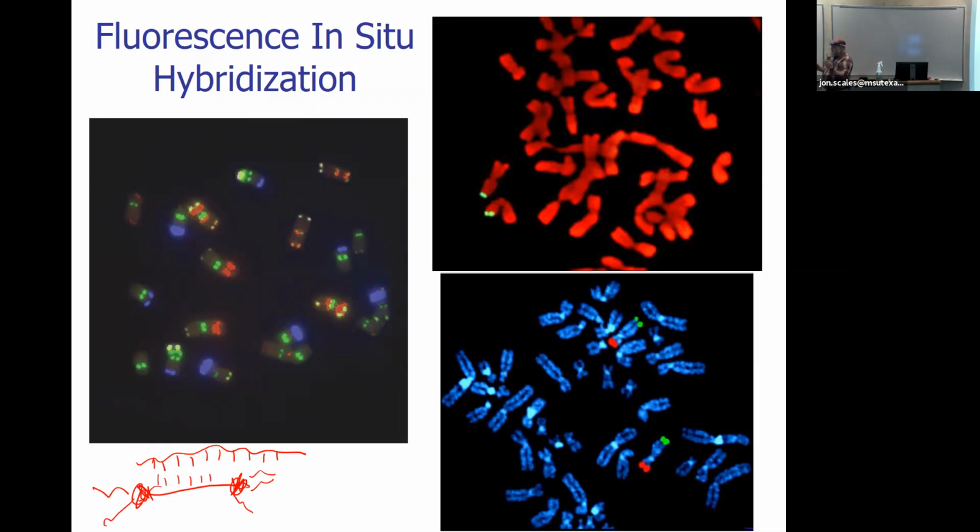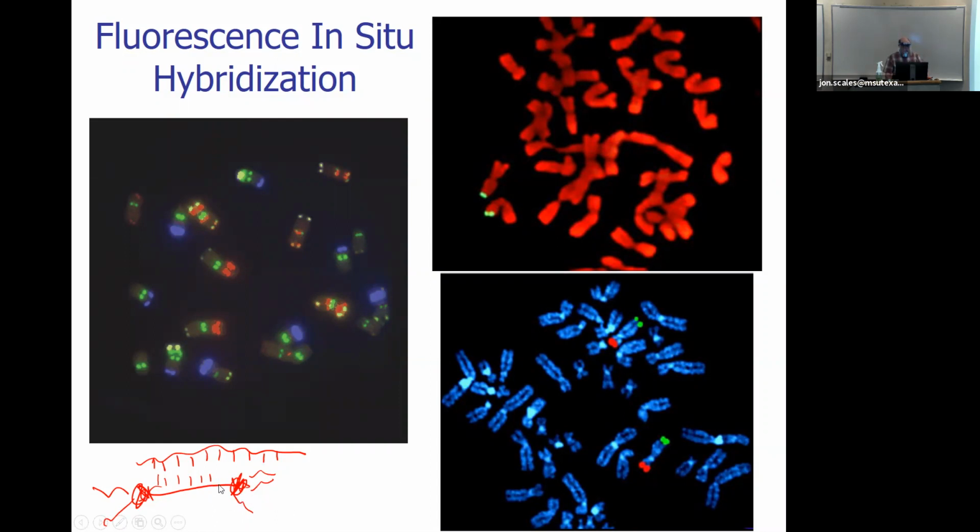So you could take the entire chromosomes in the cell, maybe while they're still in the nucleus or while the nucleus is gone, like during mitosis, and open up the DNA. You can do that with heating it, okay, melt it apart, and then allow it to cool down in the presence of a probe.